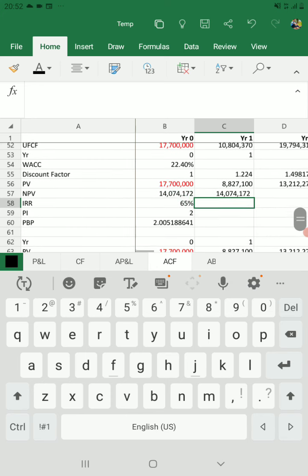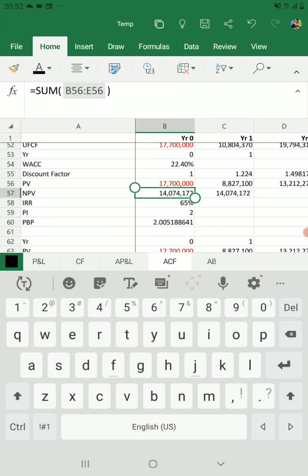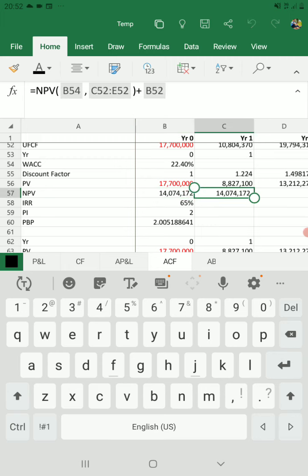Okay, so you can see our manual calculation is exactly the same as our calculation using the NPV formula with Excel. Just remember don't include the initial outlay when you use NPV. Just discount the future cash flows, because the initial outlay is already now, so it doesn't need to be discounted.